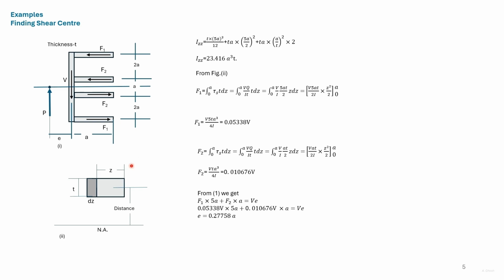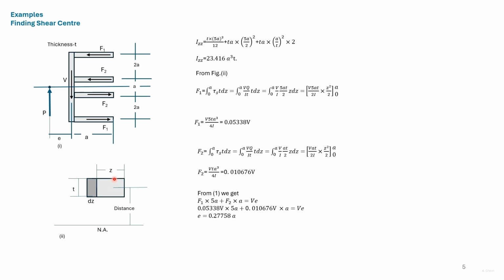Tau s varies with z. The length of this arm is a, and to find F1, we integrate tau s t dz from 0 to a. Tau s is VQ by It. These two t cancel. Q here is area into distance.